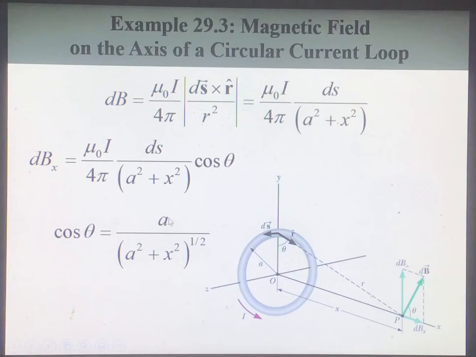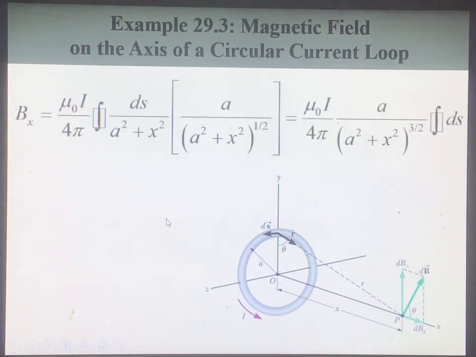And so by substitution, I can write my Bx as this integral. When I do this integral, because I'm only integrating with respect to ds, the a squared plus x squared terms are all just constants. So I can write this as mu naught I over 4 pi, times a divided by a squared plus x squared raised to the power 3 over 2, times the integral over ds.